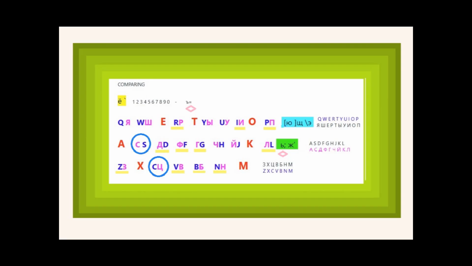Now let's look one more time at those bright green color ones. In the end of the second row, the first is the soft sign, and you cannot pronounce it, this is a sign. You will hear it only paired with a consonant, which it makes softer.